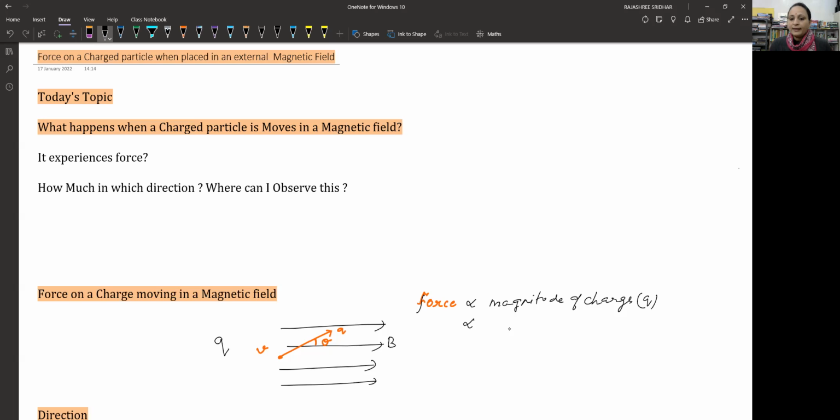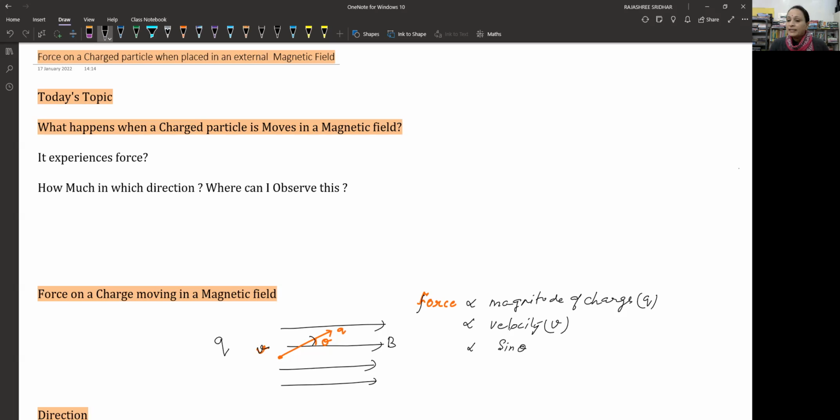And secondly, it is also going to depend upon the velocity of the particle. Matlab, it will enter with the velocity v. It will depend on that, right? And the next is, it is also going to depend upon the sine of angle theta.